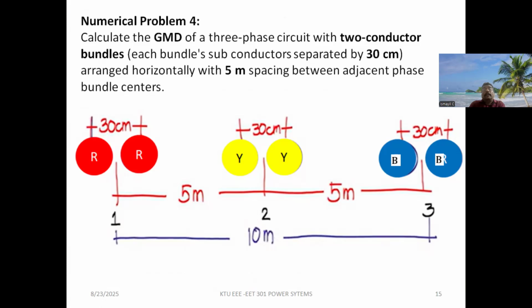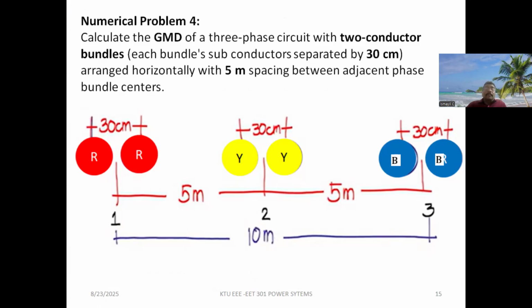Here in bundled conductors, as I told earlier, a minimum of 2 conductors will be there, then only it will be a bundled structure. So here we are using two subconductor bundled conductors. So for one phase, two conductors are required.